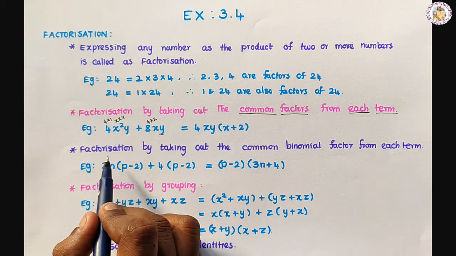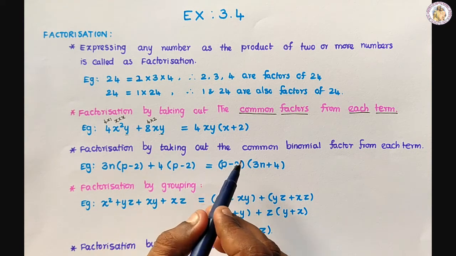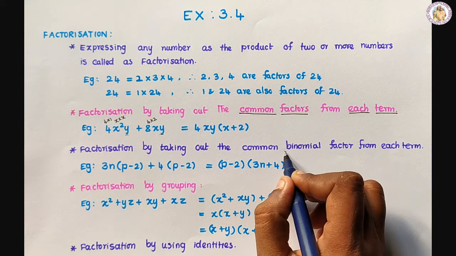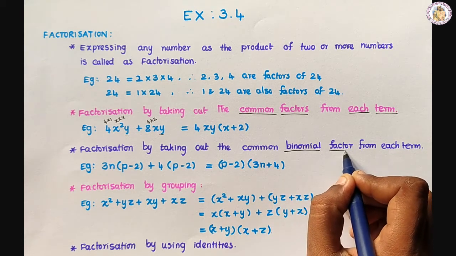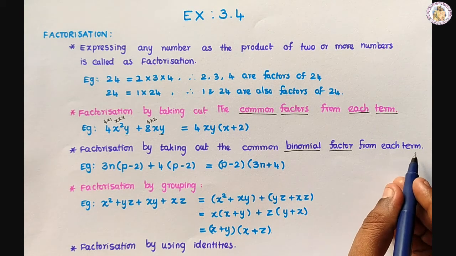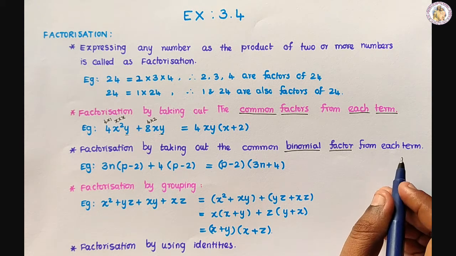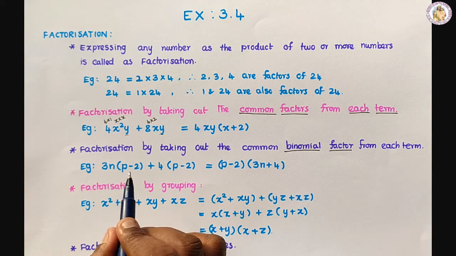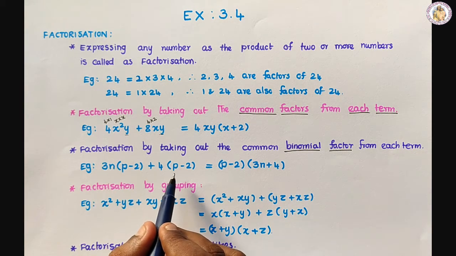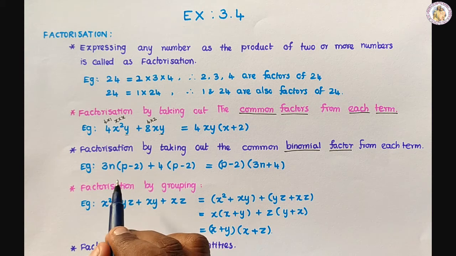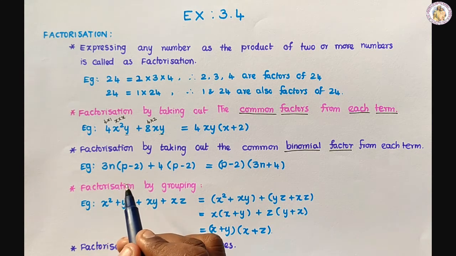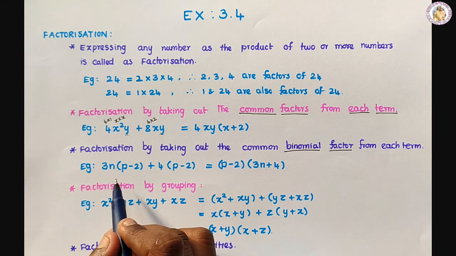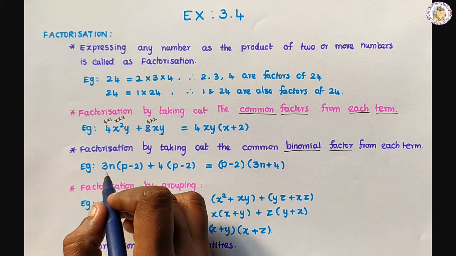Next one, factorization by taking out the common binomial factors. Binomial means 2 terms. Here also there are 2 terms. Listen here.